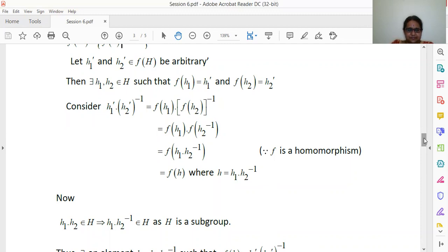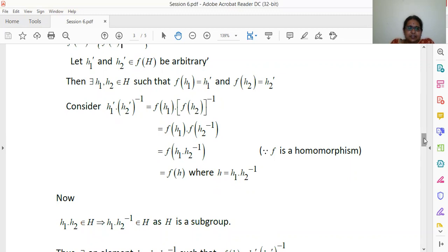So in some cases we will be proving from the definition, that is, when H is a subset of G and H has to be a group by itself under the same binary operation as that of G. And in some properties here, we have made use of the subgroup property.